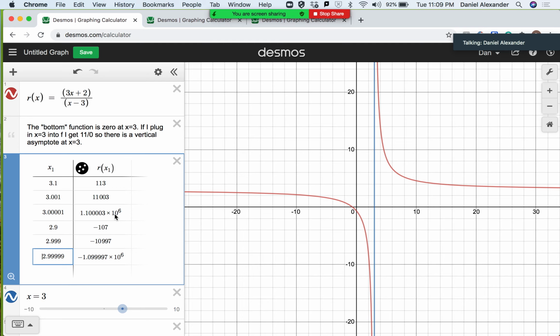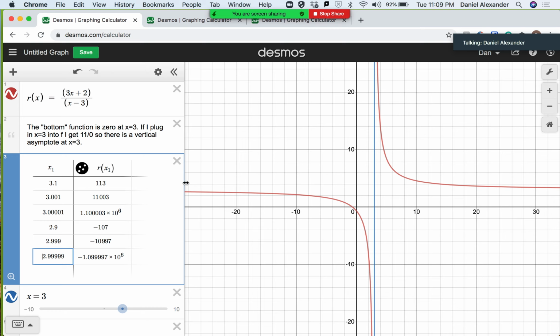That's why the graph goes straight up. Now, if I plug in numbers on the other side of x equals 3, but close, like 2.9, 2.999, and 2.99999, you can see I'm getting numbers which are very big in the negative direction.